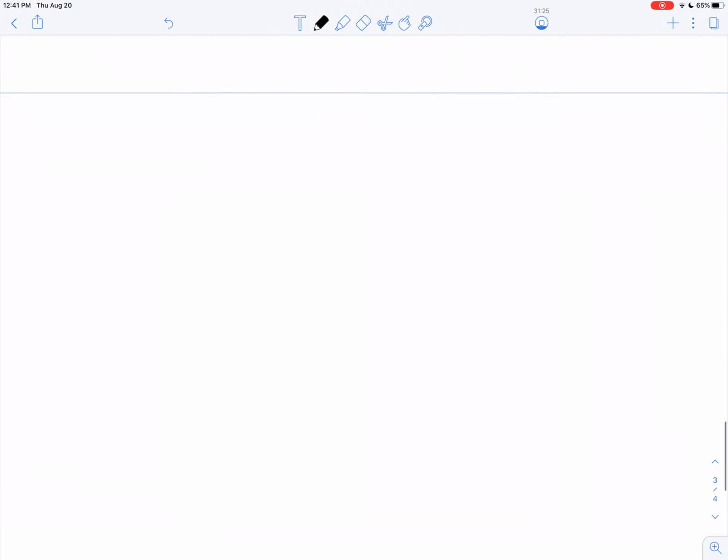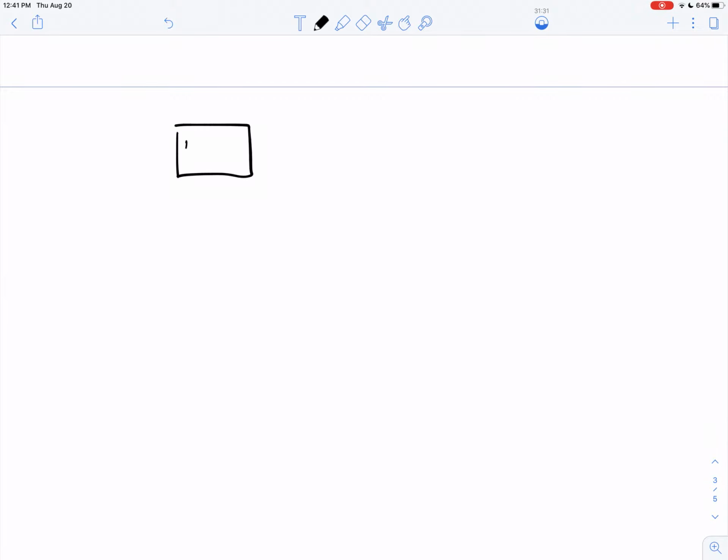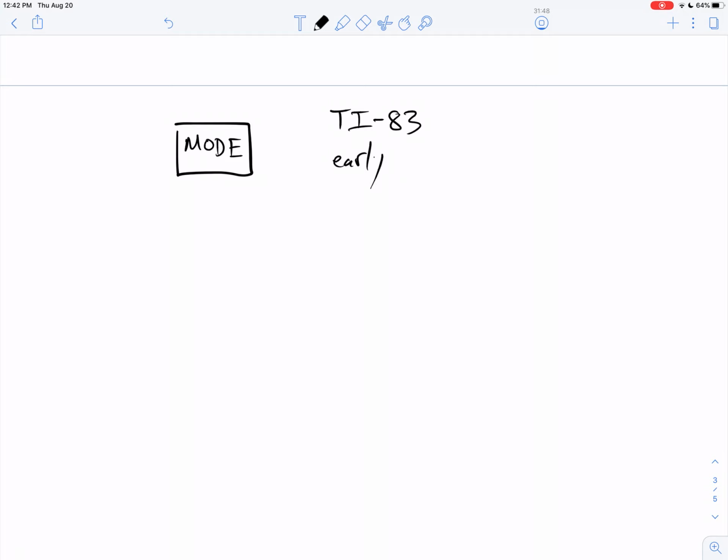When we get to the next video, you'll notice the first thing I do is push the mode button on your calculator. Depending on which calculator you have, a TI-83 or the earliest TI-84s, you are permanently locked into what is called classic mode.